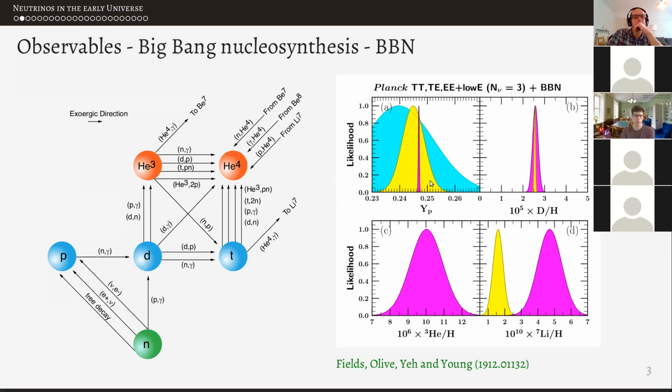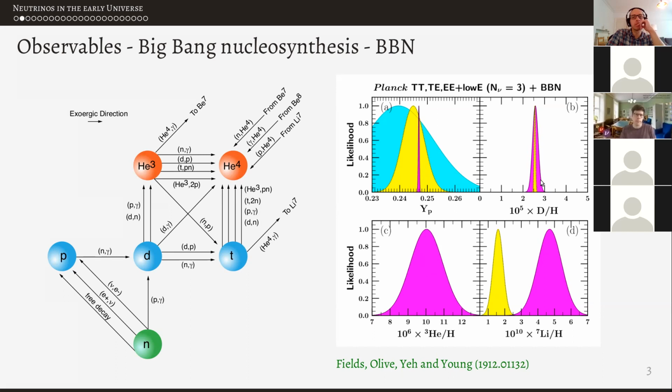So when we go on and measure helium and deuterium, we can constrain physics of the early universe and also neutrino physics. What you see in the figure here is a comparison of theoretical calculation and measurements. The purple is the theoretical calculation and the yellow are the measurements. The blue one is from CMB, and we won't consider that right now. So for helium, we have the helium mass fraction YP here.